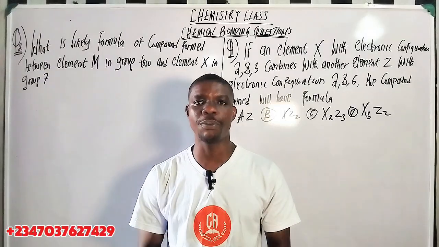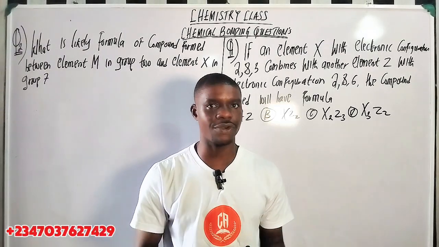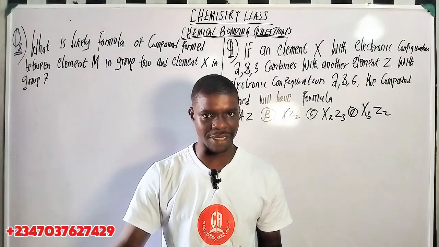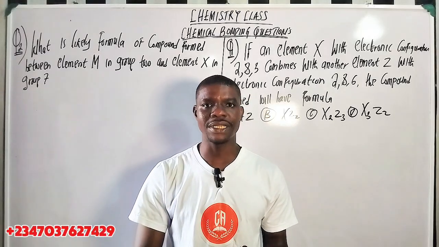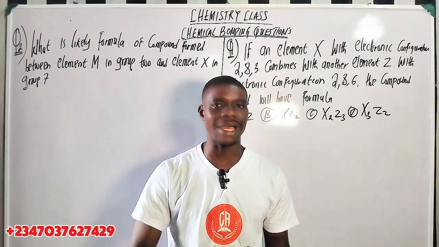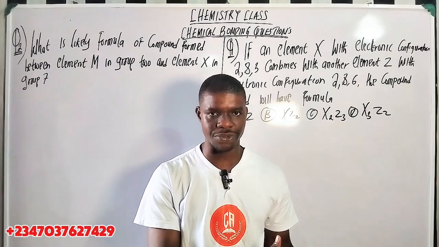The main reason is that they have a stable octet electron configuration, with 8 electrons in their outermost shell. Like neon, argon, krypton, and the rest, they don't form bonds. You can never see them forming bonds.